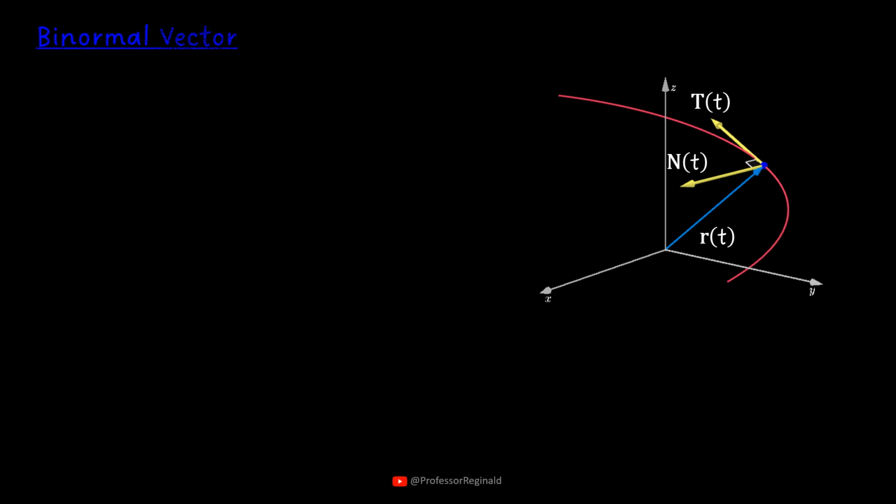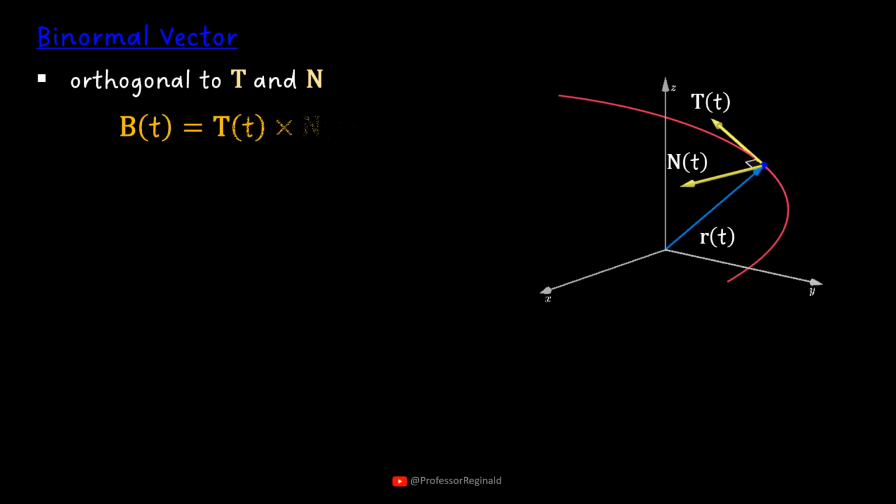Binormal vector. It is the unit vector that is orthogonal to both the unit tangent vector and the unit normal vector. Mathematically, it is the cross product of the unit tangent and unit normal vectors. In the figure, the binormal vector is this vector orthogonal to both the unit tangent and unit normal vectors.